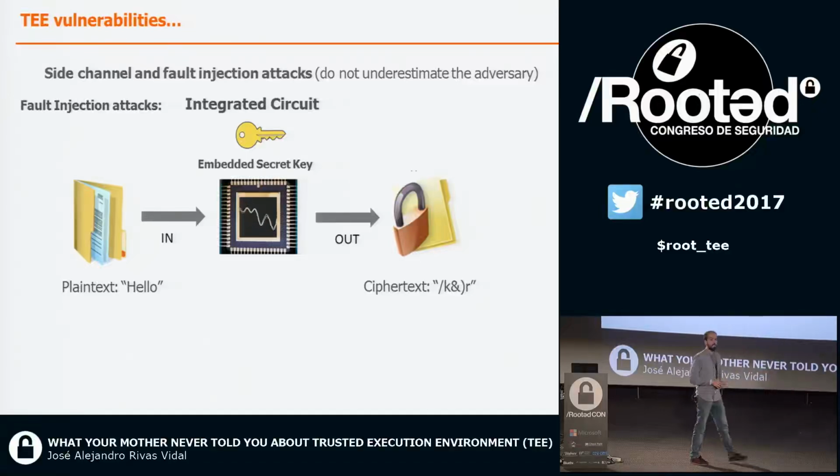Let's remember the same thing. We have a text that we want to cipher. We have a chip that carries out those operations, and we may obtain the cipher text at the end.